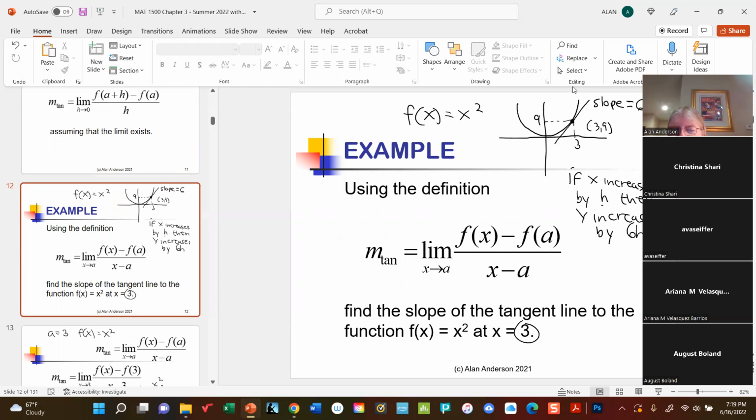And that tells me, so now I know, if I change x by a certain amount, what is the impact on y? Now, just want to point out here, though, that this is only accurate if h is very small.